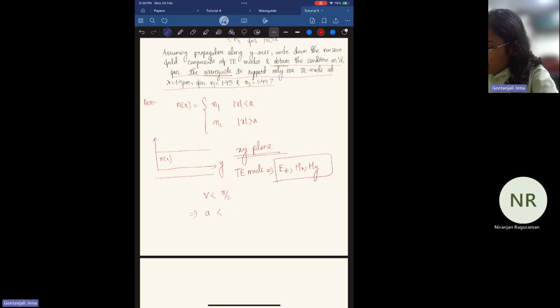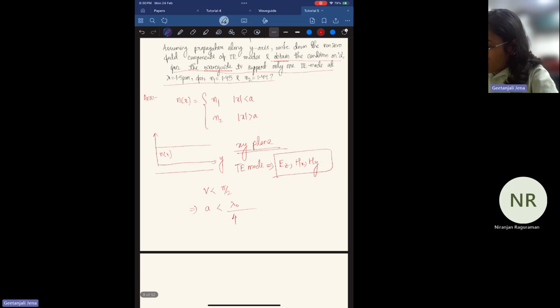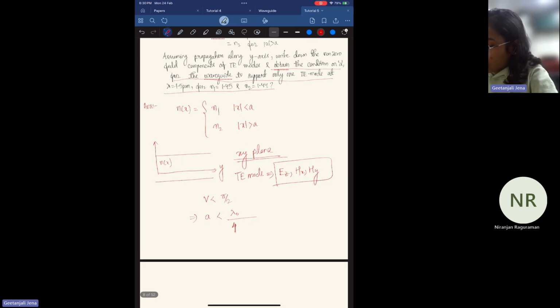So A should be less than lambda 0 by 4 root over n1 square minus n2 square. Now, the question was asking, sorry, the first part was not asking about the thickness, it is asking about what is the value of A. So with lambda 0 given as 1.5 micrometer, n2 as 1.44 and n1 as 1.45, this will come around 2.2058 micrometer.